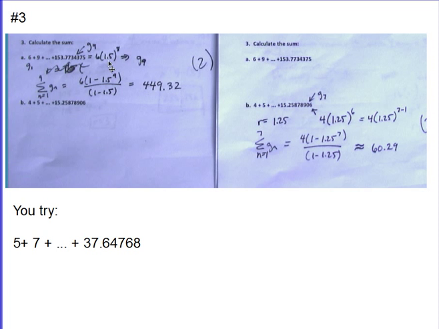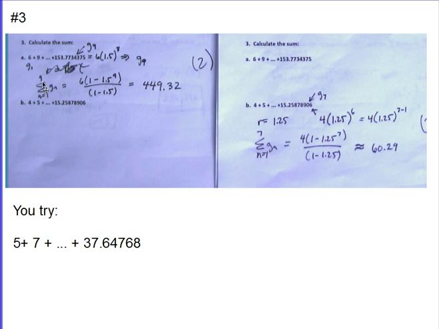Obviously, we're getting the 1.5 from taking 9 divided by 6, and 6 is our first term. So once I've identified what G sub 1 is, what R is, and what N is, I can then substitute those into our formula for a finite geometric series.